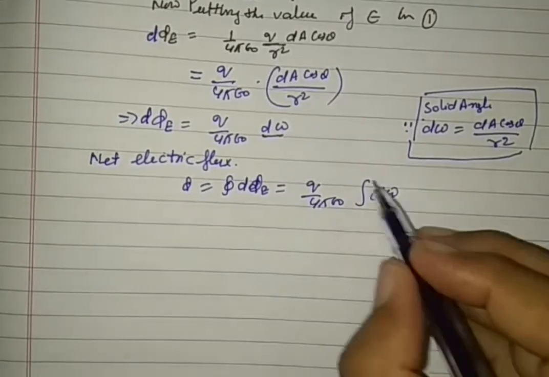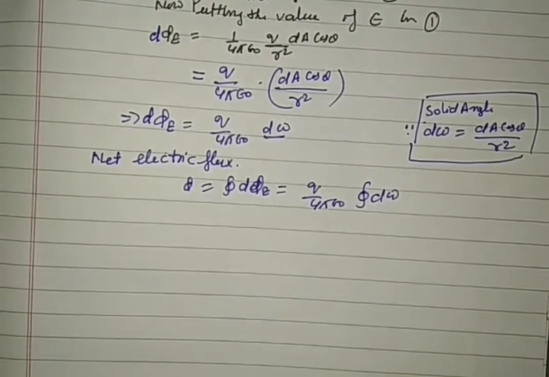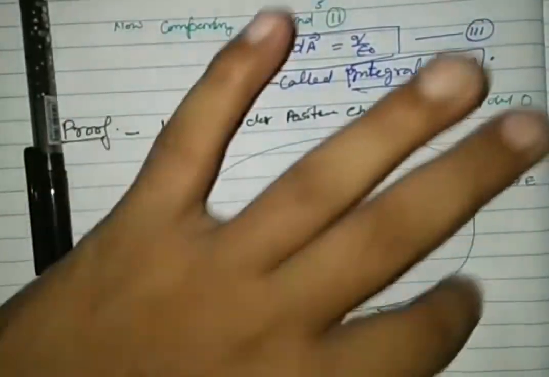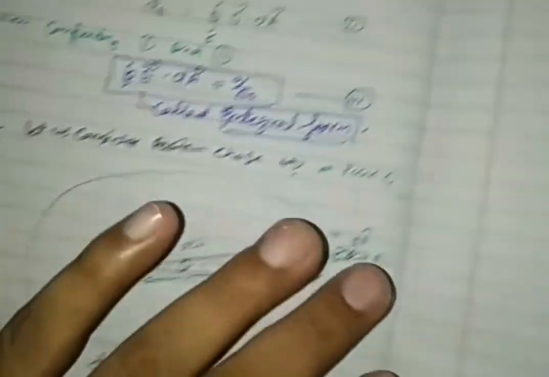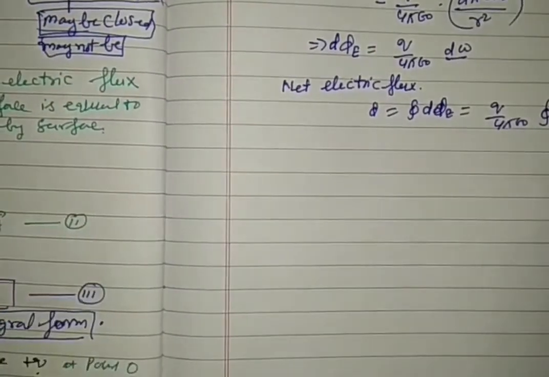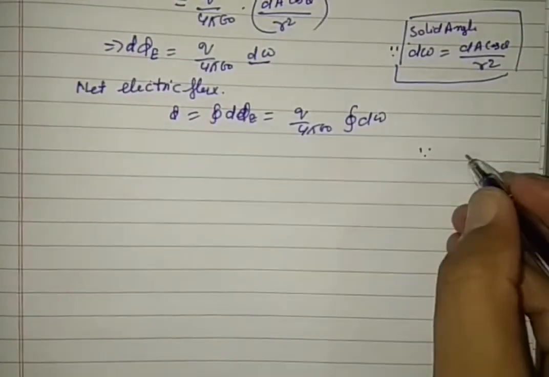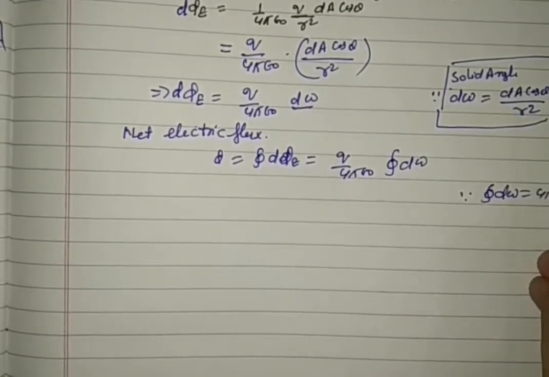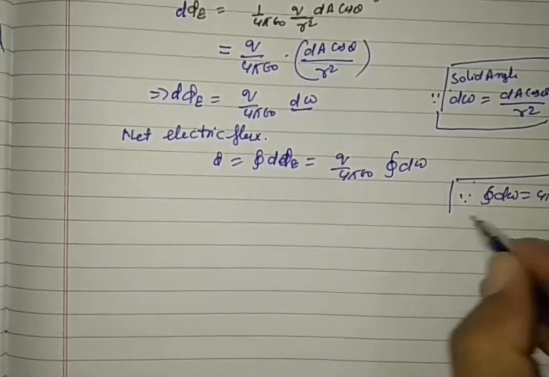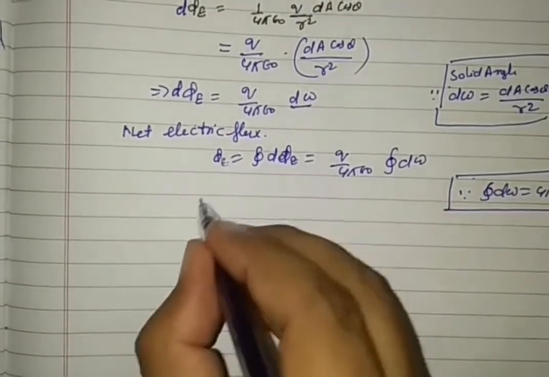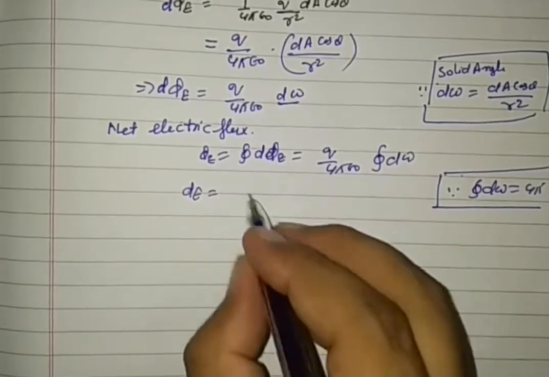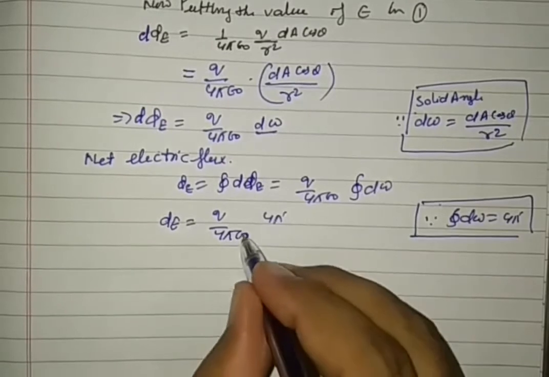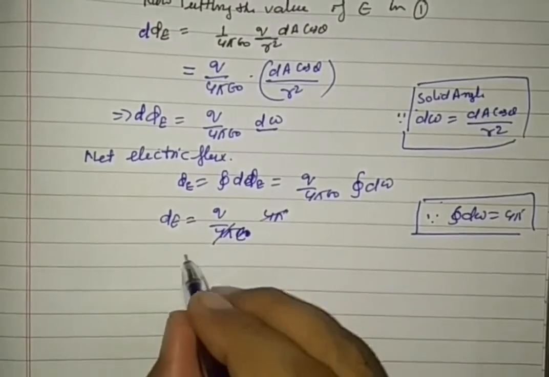See, this is for the total closed surface. When we see the diagram for a spherical surface, the summation of solid angle is given by the formula here: for a closed surface, d omega is equal to 4 pi steradian. In that condition, phi E is equal to Q upon 4 pi epsilon 0 into 4 pi. 4 pi is cancelled by 4 pi.